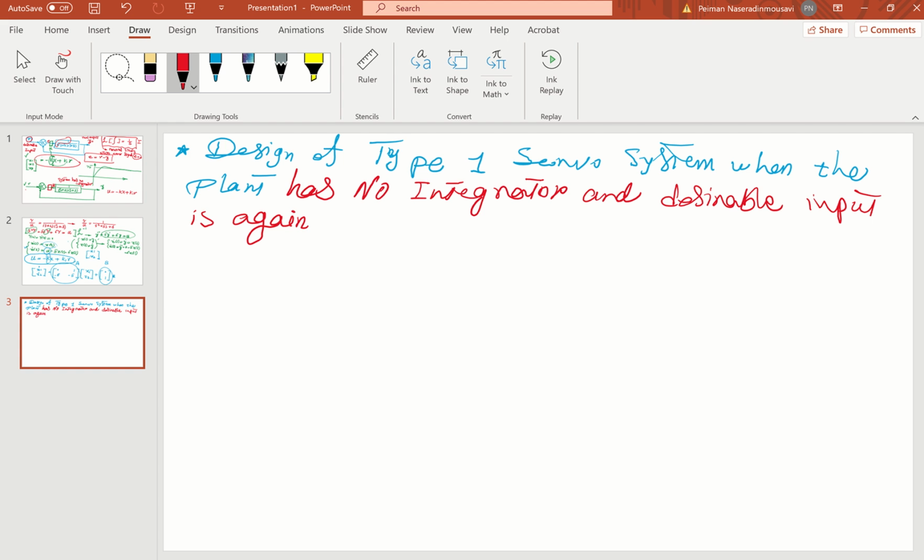You want to track the 75 Fahrenheit of the room; the temperature of the room is again non-zero.